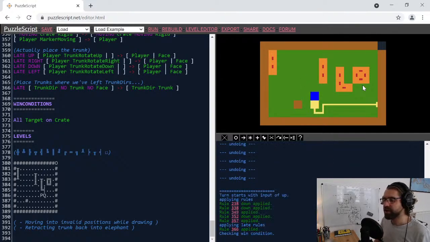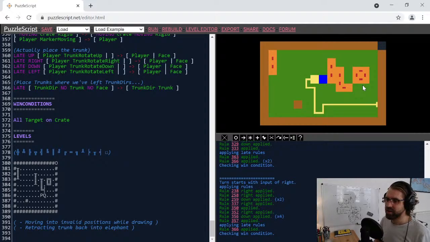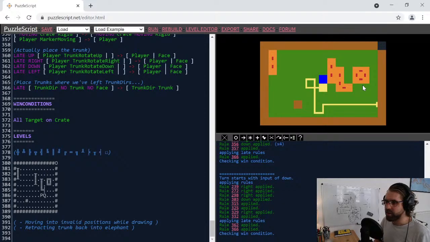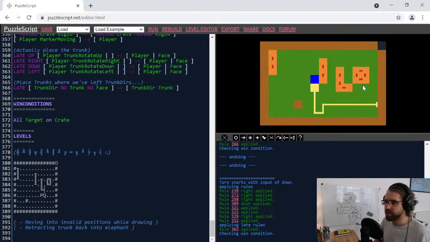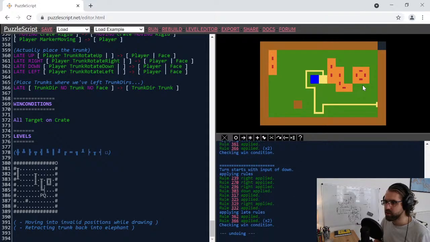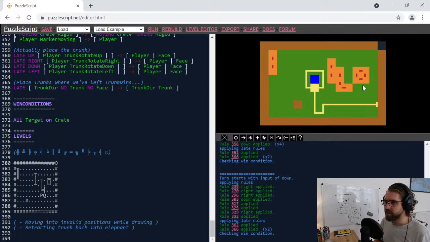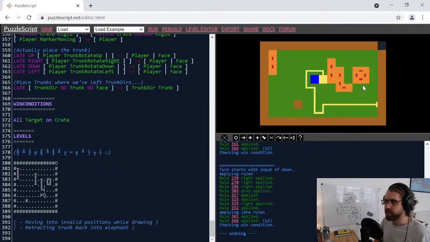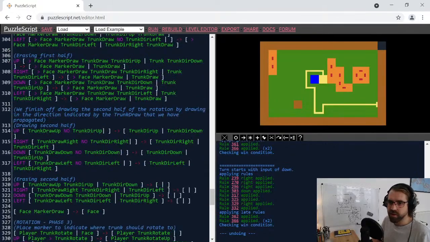And I'm gonna make it so that that's an okay move, but rotating into, like, that's a bad move. So the actual check I need to do is that the second position of the rotation doesn't have anything in it. Okay, that should be easy enough.